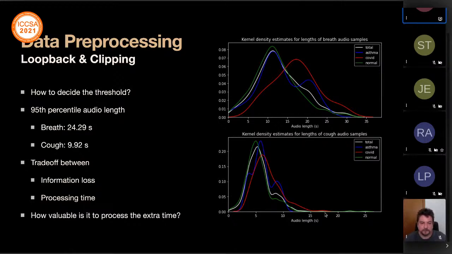We chose the 95th percentile of audio length because that seemed a reasonably good trade-off between how much information is lost in clipping the audio and the amount of processing time it takes. So for the breath samples, we brought all of the audio samples to a length of approximately 24 seconds, and for cough, we brought them all down to 10 seconds.